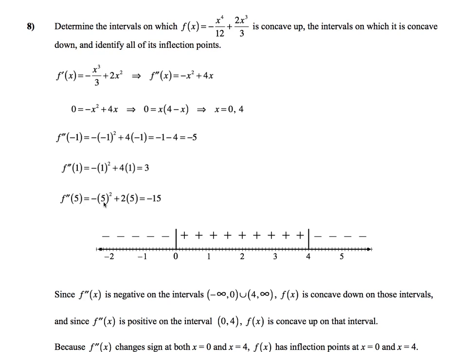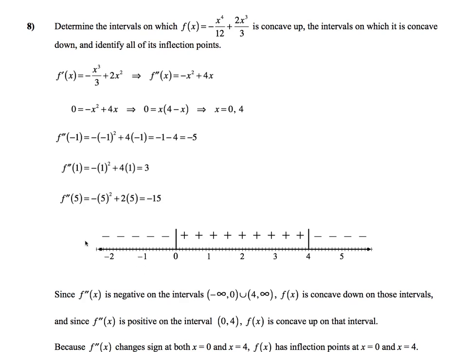So I put 5 in the parentheses here and here. 5 squared is 25. 2 times 5 is 10. So negative 25 plus 10 is negative 15. And so on the entire interval from 4, just infinitesimally far to the right of 4, all the way to infinity, the second derivative is negative.